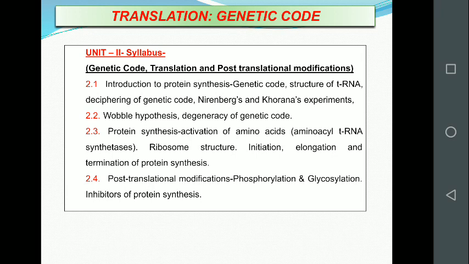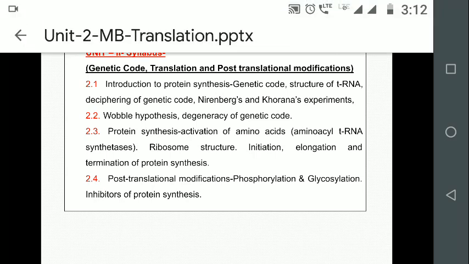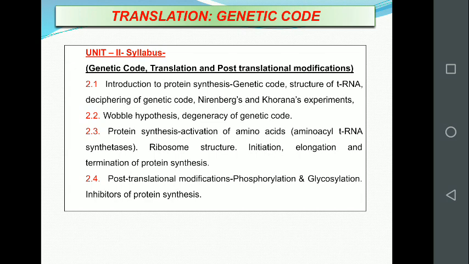In this unit 2, we are going to see what is genetic code and what is translation. That means what is protein synthesis, and after that the post translational modifications.